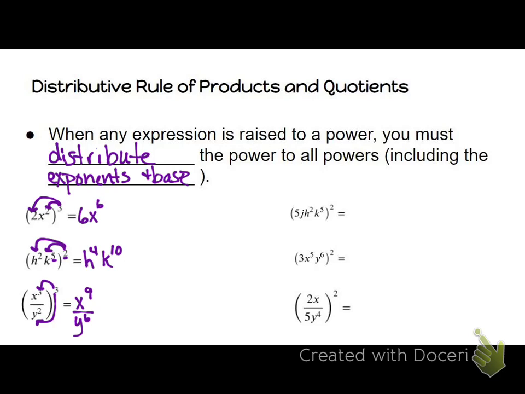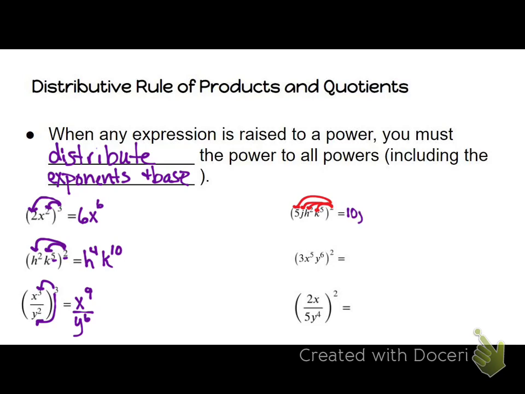Okay, big long one, right? So I'm going to take this power on the outside here and I'm going to distribute it to everything on the inside of my parentheses. That means every term. So my exponent is 2, so I'm going to distribute it to each part. What's 2 times 5? 10. Okay? And then I have to multiply it by j. So what's j times 2?